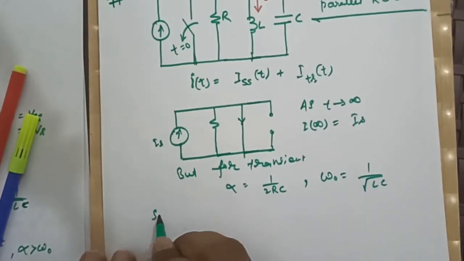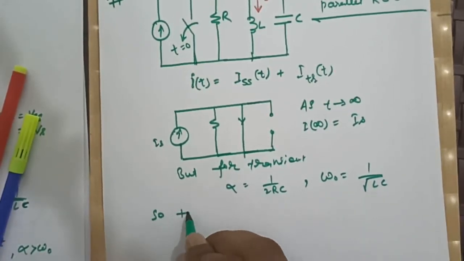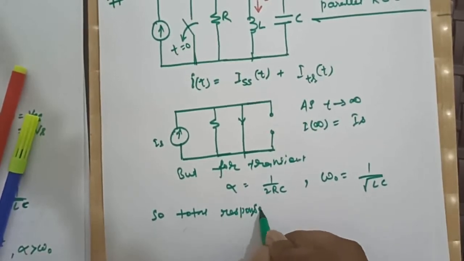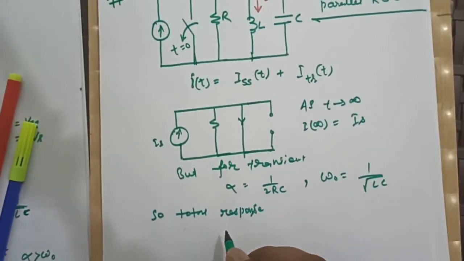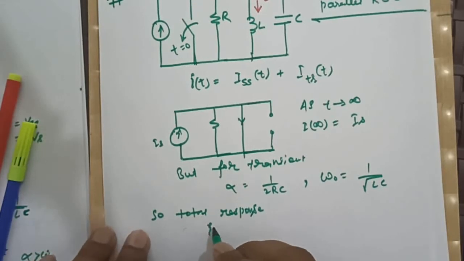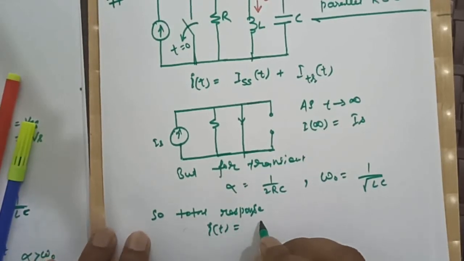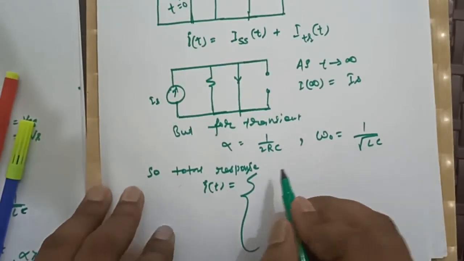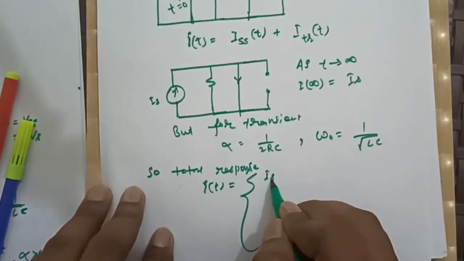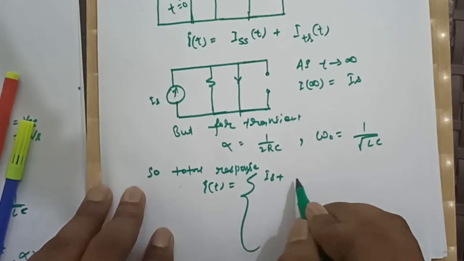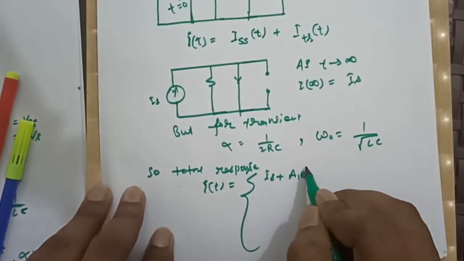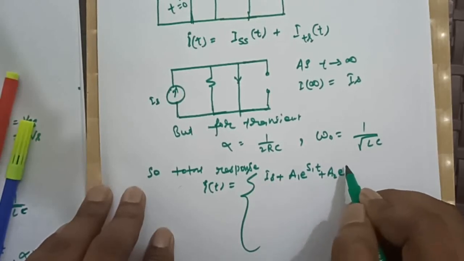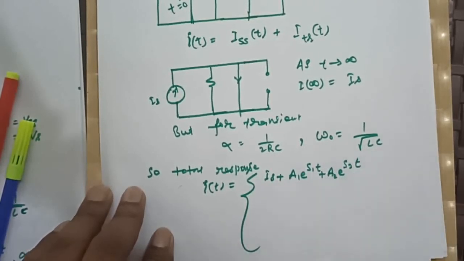So the total response I(t) will be the steady state response plus a1 e to the power s1t plus a2 e to the power s2t.